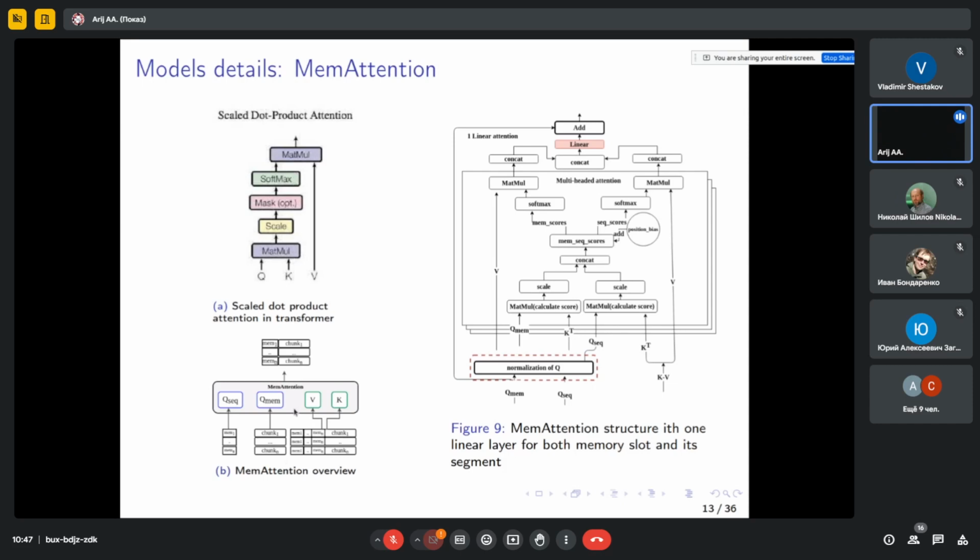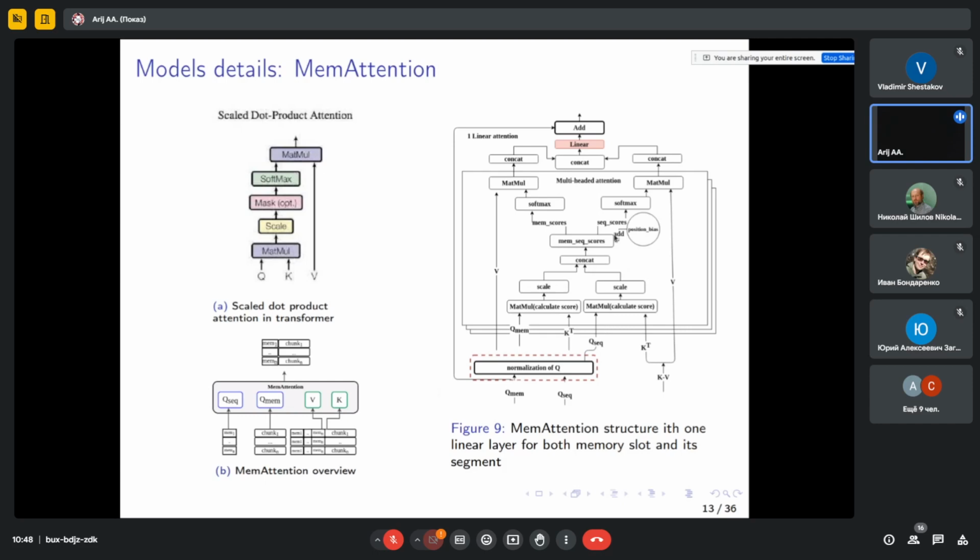For my design, inside the memory attention, we separate each chunk from its related memory. And as I said, I calculate the attention weights separately for the memory and for the related chunk. Then, to relate each memory slot with its related chunk, I'm using the relative positional encoding proposed by T5.